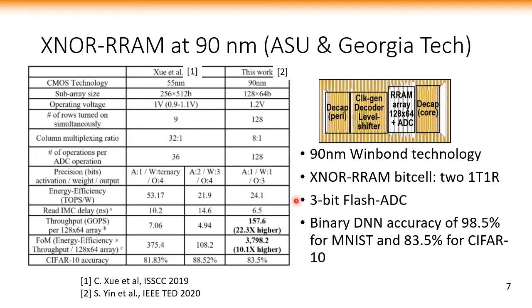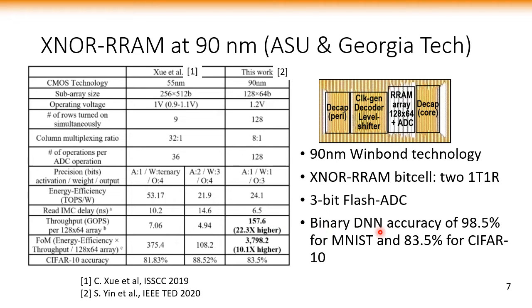The reason is that in this particular design, we can turn on all the rows simultaneously to perform the compute. In this case, we turn on 128 rows at one time to compute the partial sum, while in the prior work, only 9 rows can be turned on simultaneously. Therefore, we can further improve the throughput and the figure of merit.